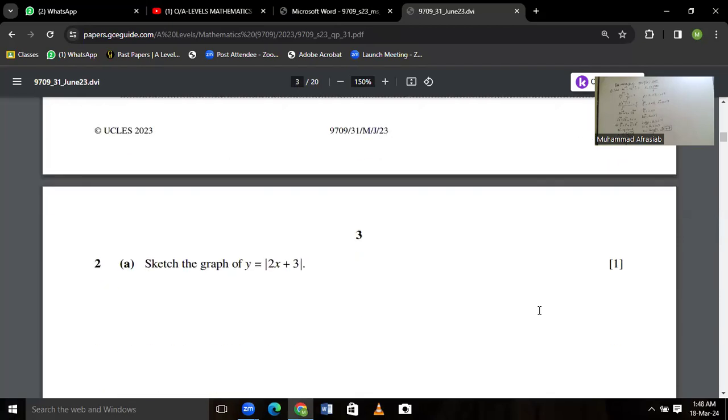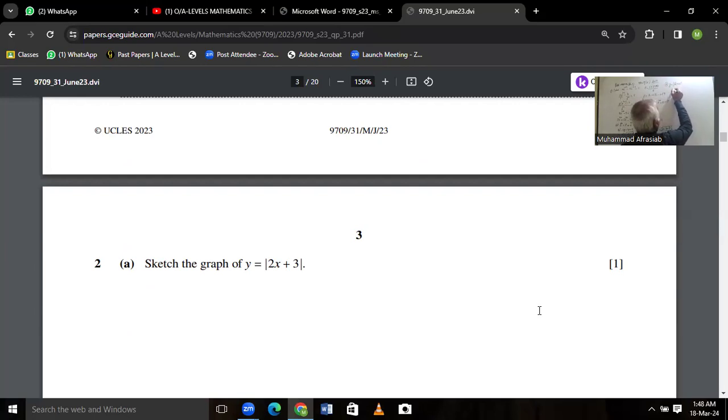Sketch the graph of y is equal to modulus of 2x plus 3. For question number 2, sketch the graph of modulus of 2x plus 3.